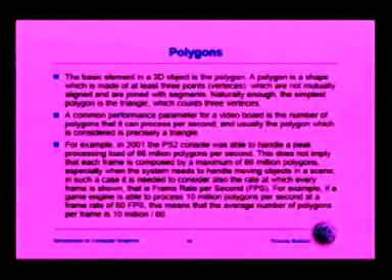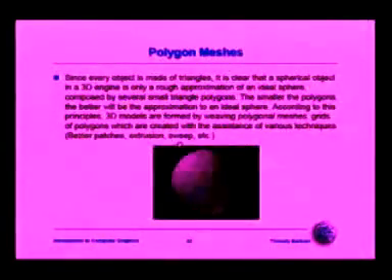We join together these vertices 3 by 3 to form triangles. These triangles are called polygons. We use polygons as the base to form more complex surfaces, which are called polygon meshes. These surfaces are used to model objects.